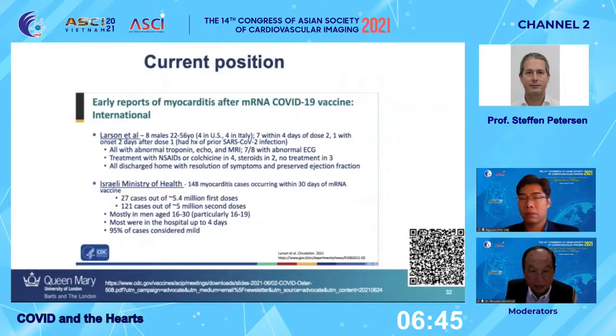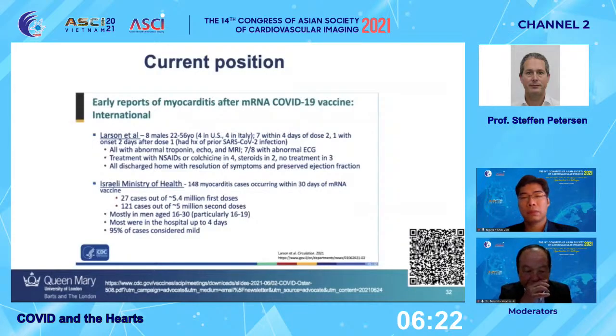All with abnormal troponin, echo and MRI, and 7 out of the 8 with an abnormal ECG. Again, treatment with NSAIDs or colchicine in 4, steroids in 2, and no treatment in 3, and all were discharged home with resolution of symptoms and preserved ejection fraction.